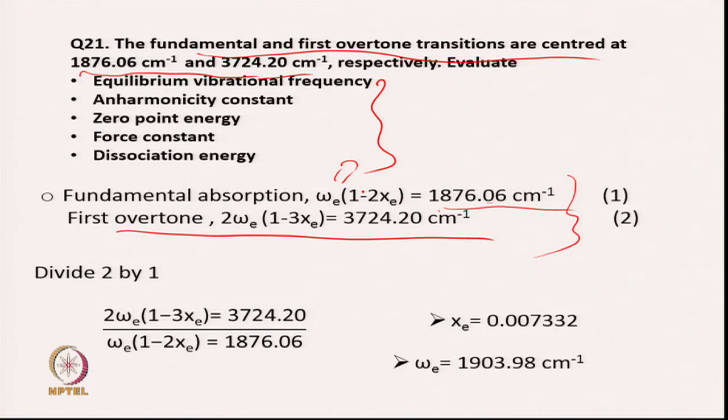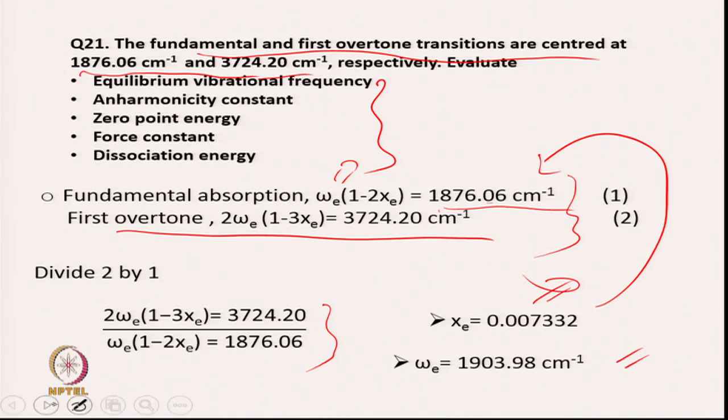You can solve these two equations to get the value of omega e and x e. Easiest way to do it, divide 1 by 2, and when you divide 1 by 2 you can get the value of x e, and when you put x e in one of the equations, then you can get the value of omega e. So, it is a simple calculation, you can do it easily. So, please do it.